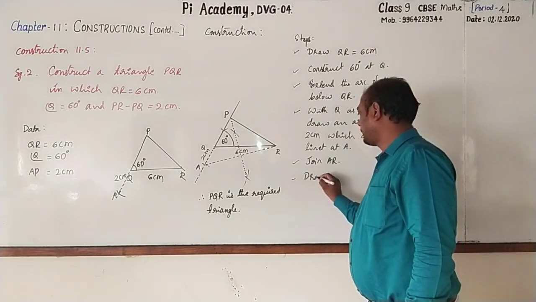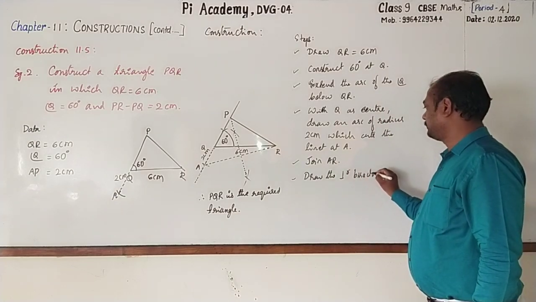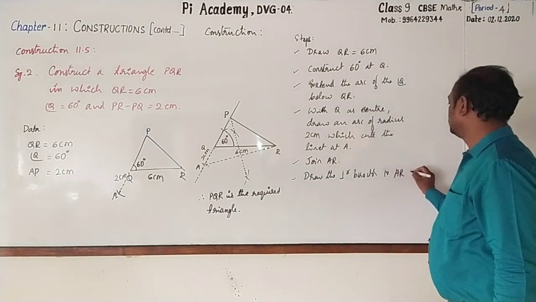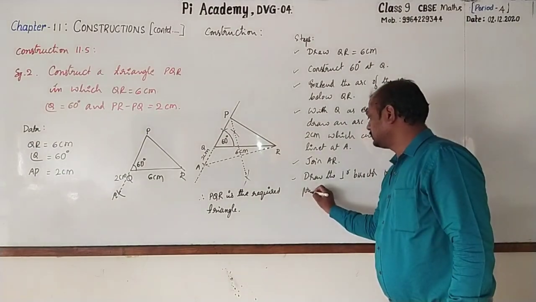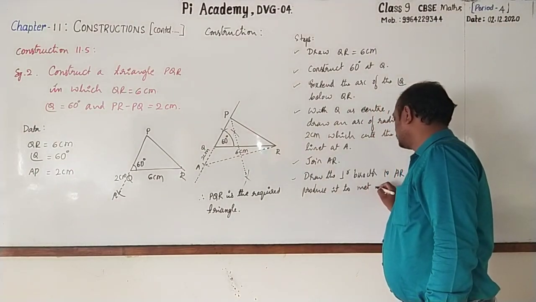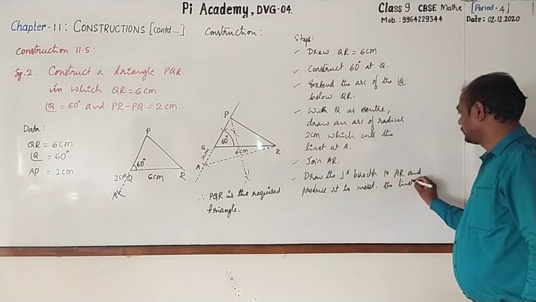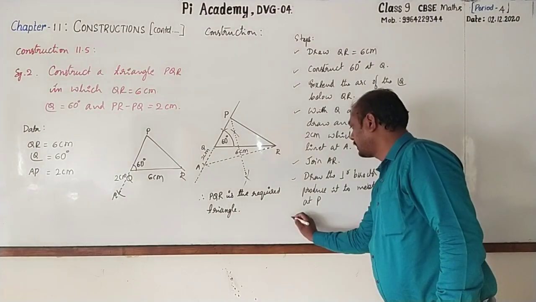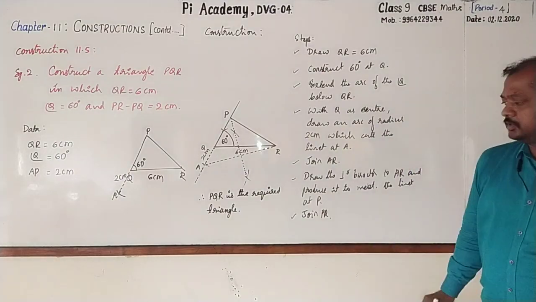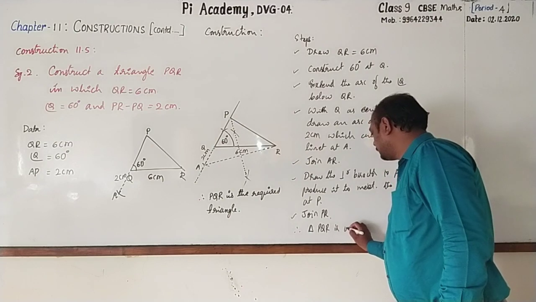Then draw the perpendicular bisector to AR and produce it to meet the line at P. Then join PR. Followed. Therefore, triangle PQR is obtained.